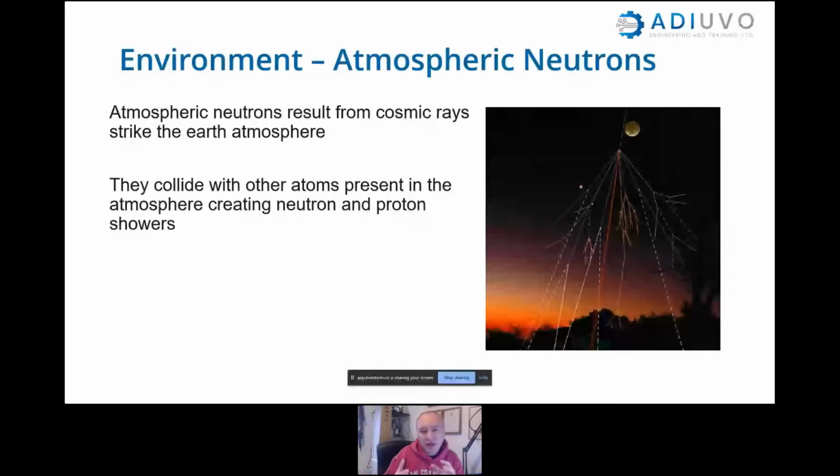We will see atmospheric neutrons occurring, and they can impact our design. For instance, if we're flying in an aircraft, we need to take these into account. If we're in a lab, say sat in Essex in the UK, we probably don't need to take this into account as much as we would if we were actually working with that aircraft.